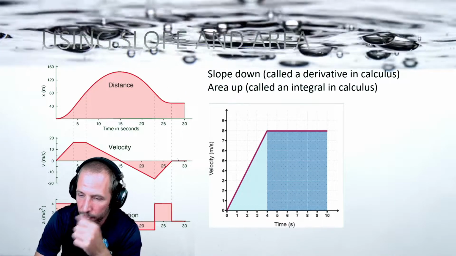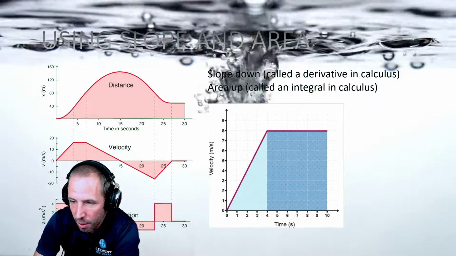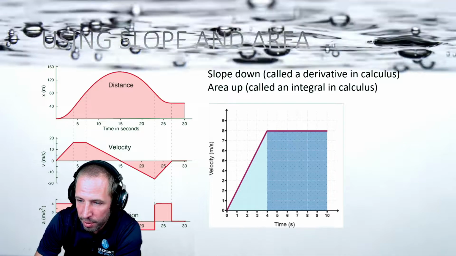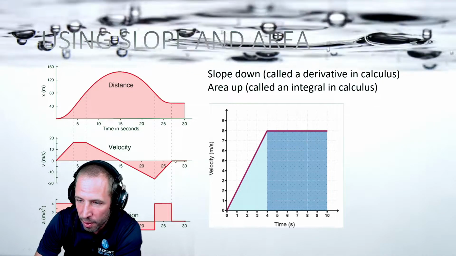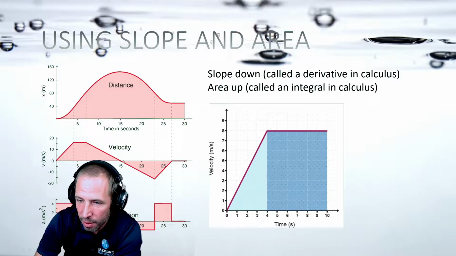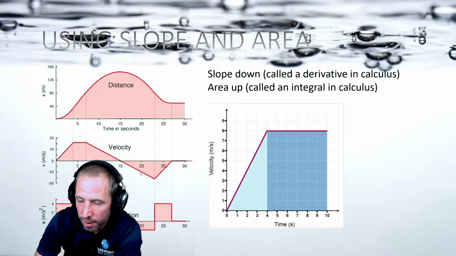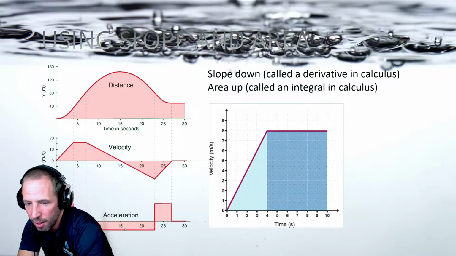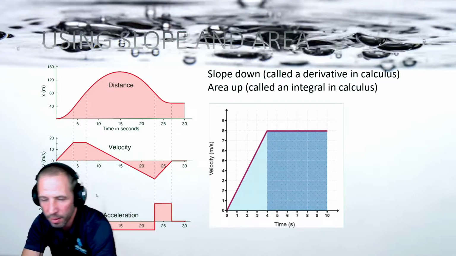Now, turns out same thing here. What's the slope of this? Some positive number. Boom. Answer to the graph below it is a positive number. What's the slope of this? 0. Graph below it, answer 0. What's the slope of this section? Some negative slope, right? It's some negative constant value. How about right here?